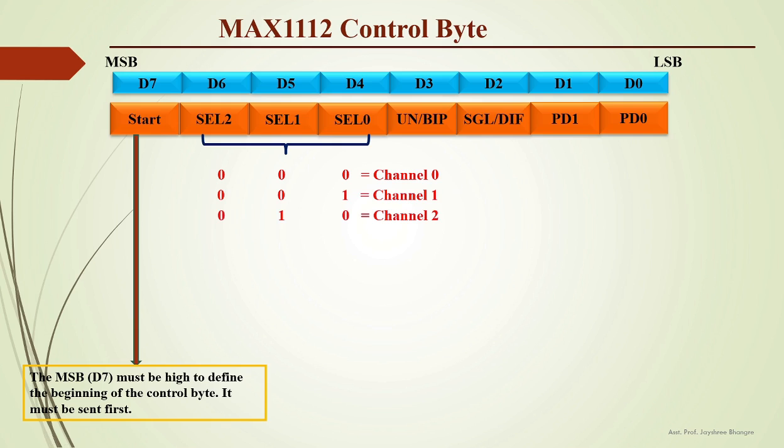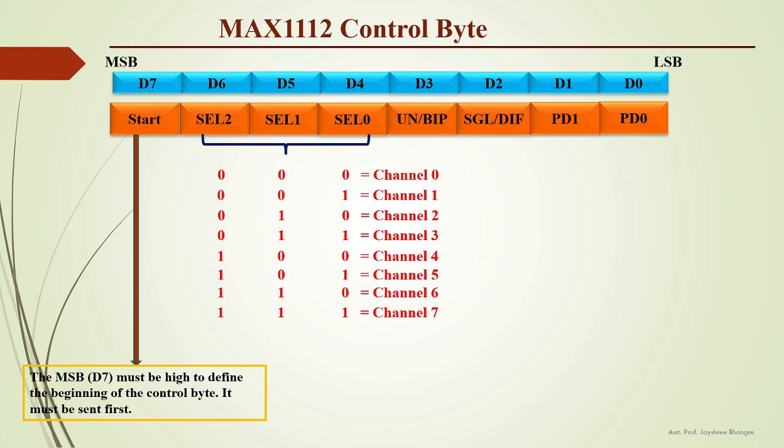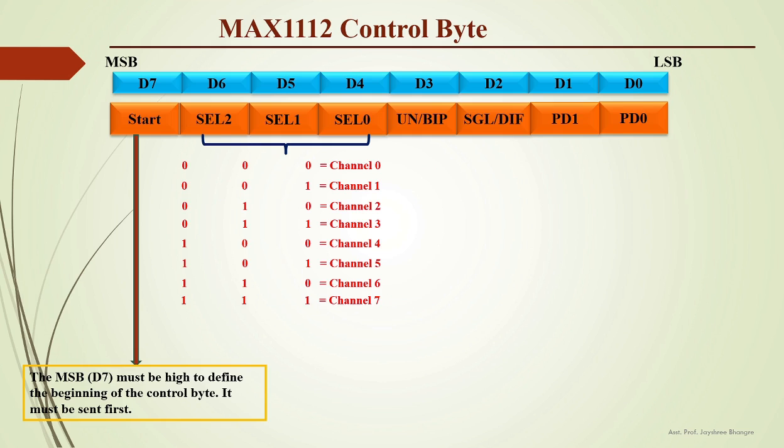If we make these bits 0, 1, 1, channel 3 is selected. 1, 0, 0, then channel 4 is selected. 1, 0, 1, channel 5 is selected. 1, 1, 0, then channel 6 is selected. And if we make all these bits 1, 1, 1, then channel 7 is selected. So in this way, we can select any one channel out of 8 input channels in single-ended mode.